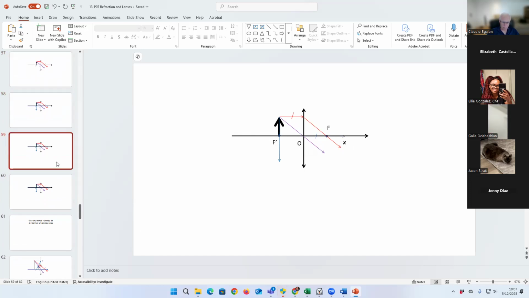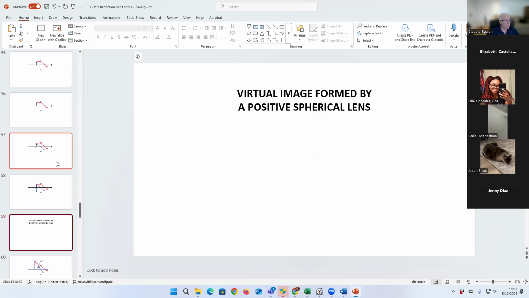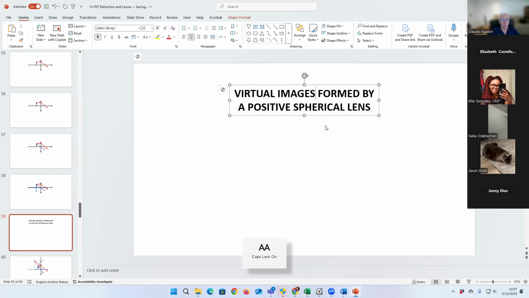The image is improper. Now let's talk about virtual images formed by a positive spherical lens.